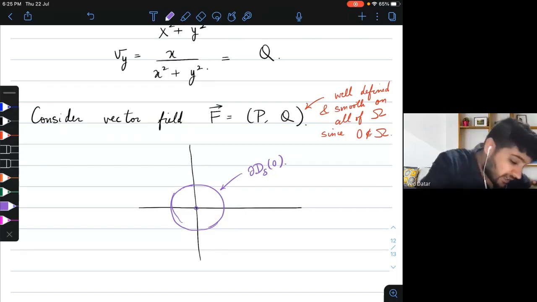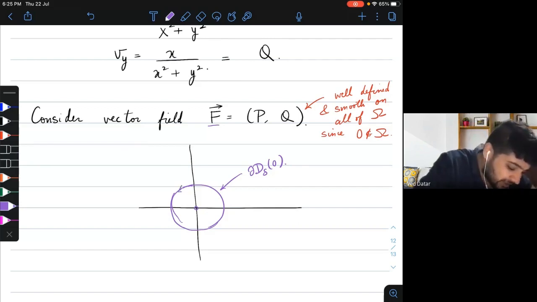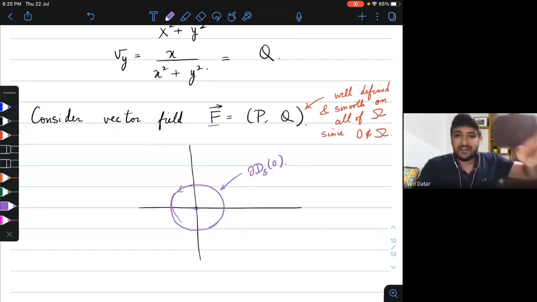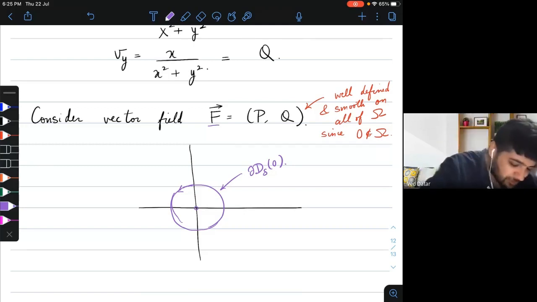So now I have a vector field. What I'm going to do is calculate the line integral of this vector field, the line integral from our multivariable calculus or from physics. Essentially, think of this F as the force field, and then I'm going to compute the work done as you traverse along this circle. Okay.